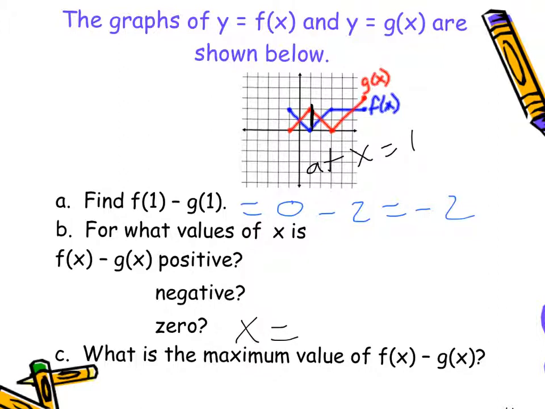As far as zeros go, looks like those two graphs intersect at x equals 0, x equals 2, and x equals 5. Okay. Again, this is written as f minus g, so the blue graph is still f, it appears to be positive, or that the blue graph has a positive difference, that it's higher up, like right here.